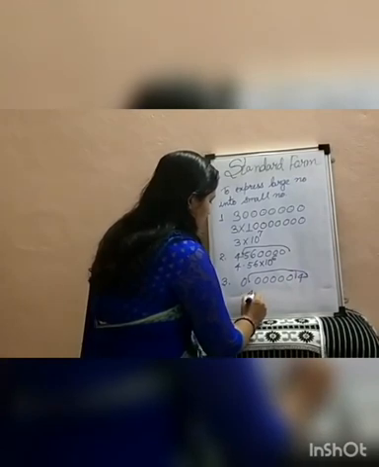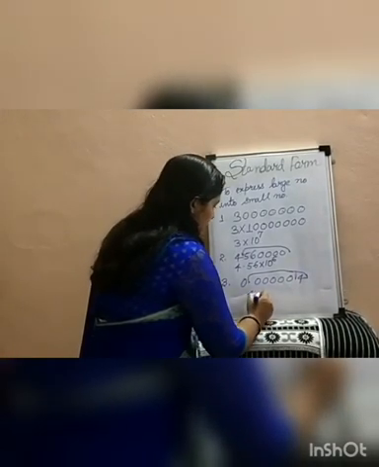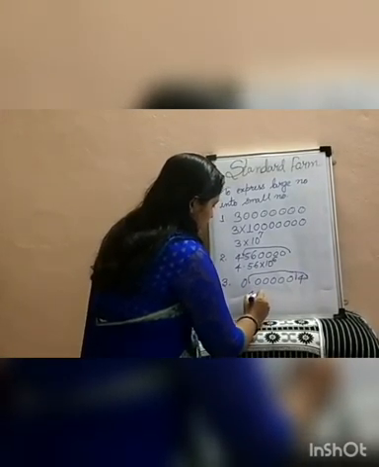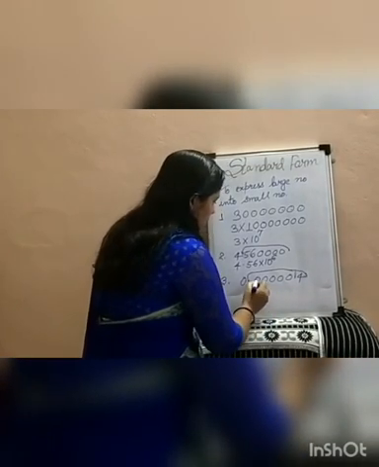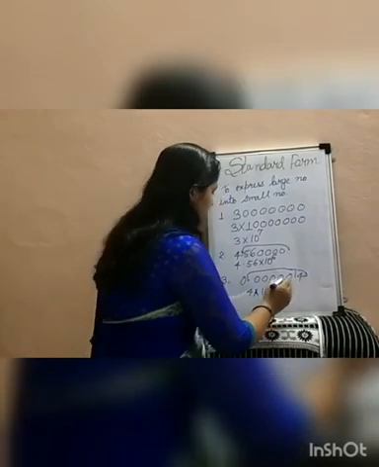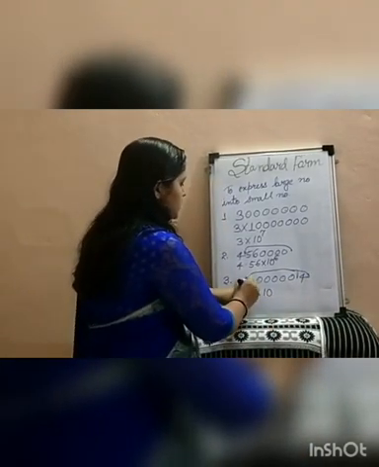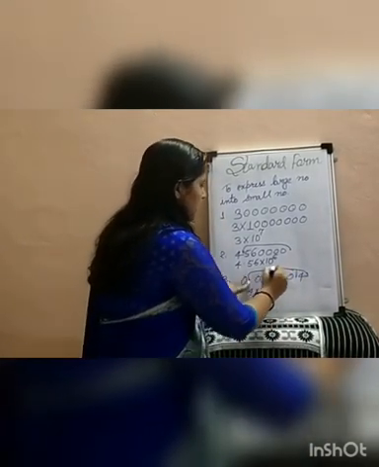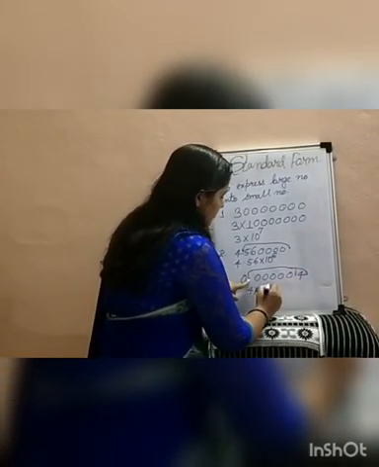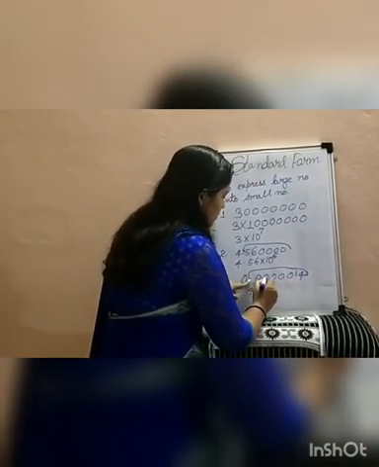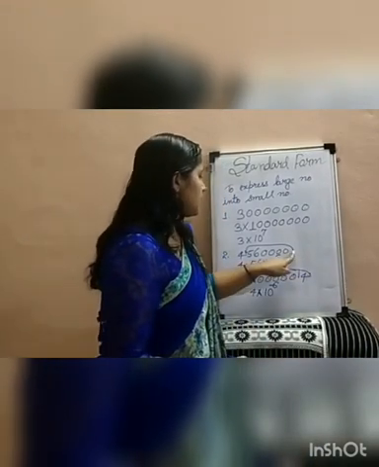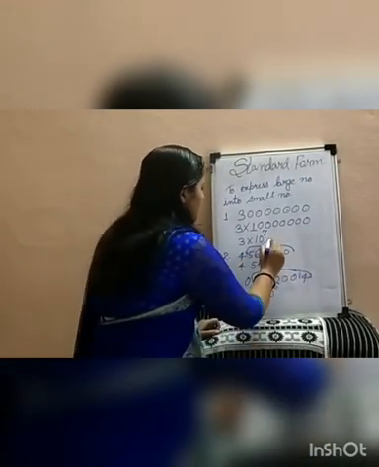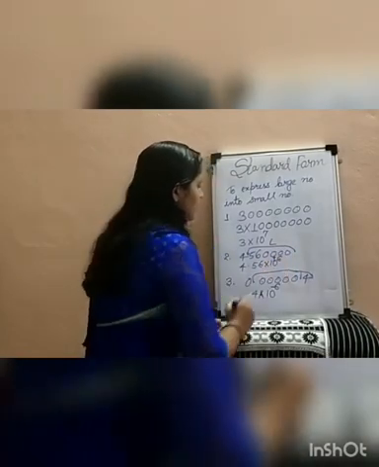So 4 into 10 to the power 1 2 3 4 5 6. If we are going to transfer this decimal to our right side, the power will be negative. It will be minus 6. If we transfer this decimal to the left side, the power will be positive.